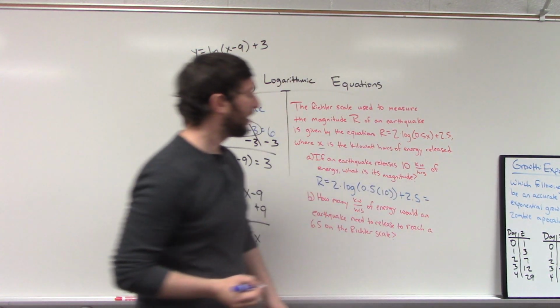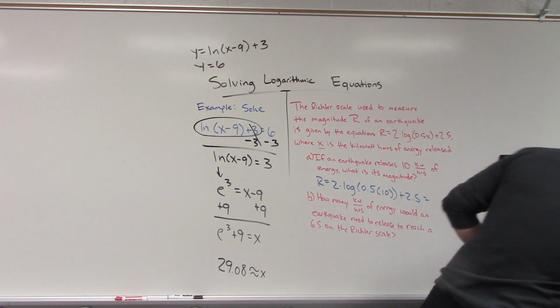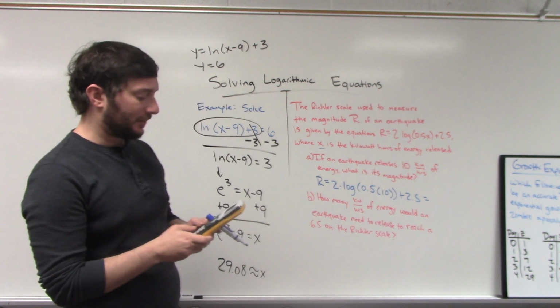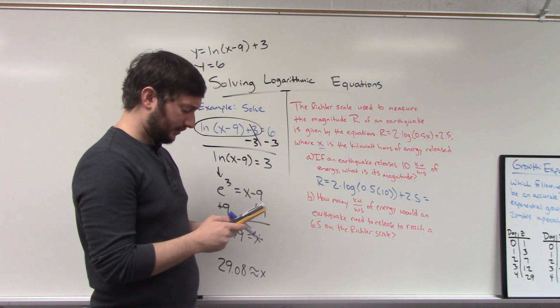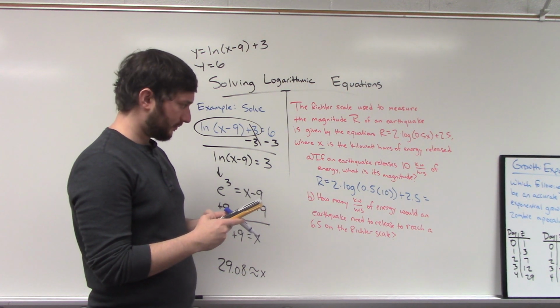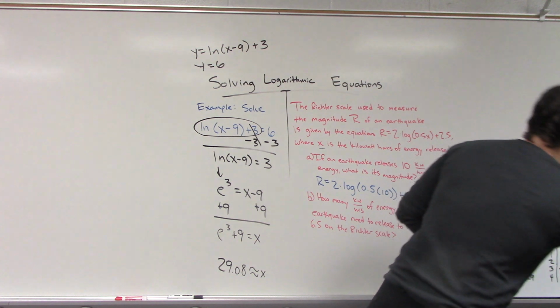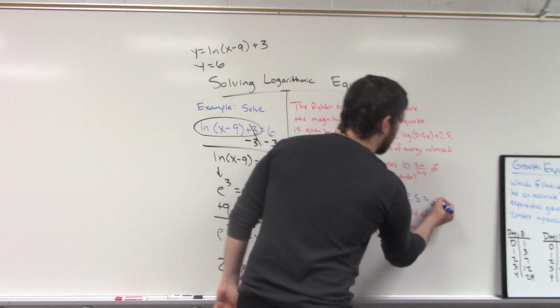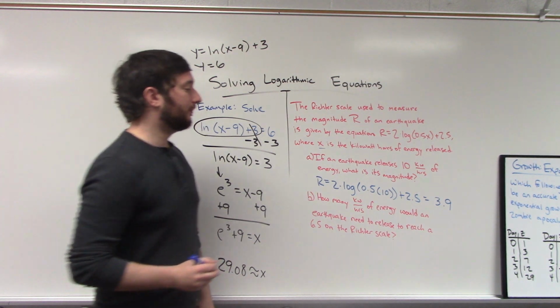Let me double check real quick. But you don't have to use the change of base formula here. Instead, yeah, 3.9 will be the result here. It will be the magnitude.